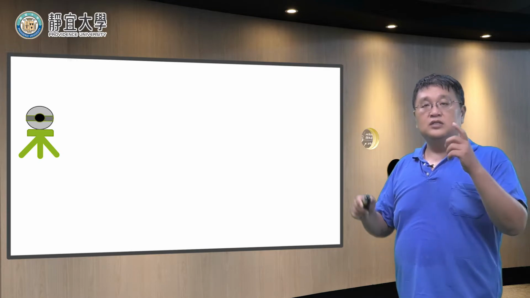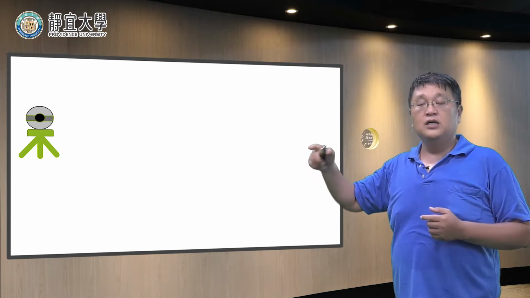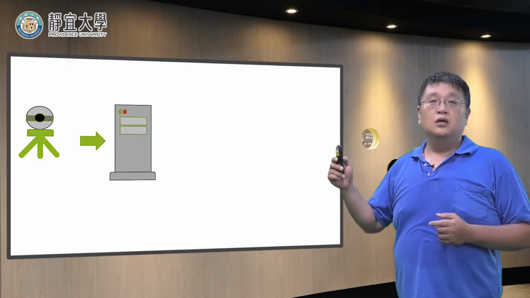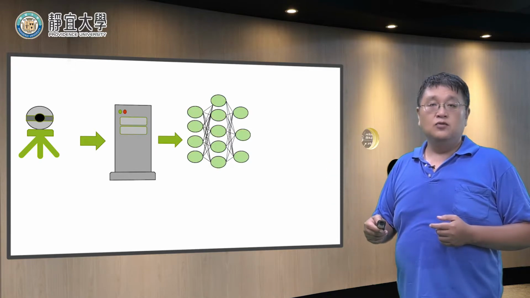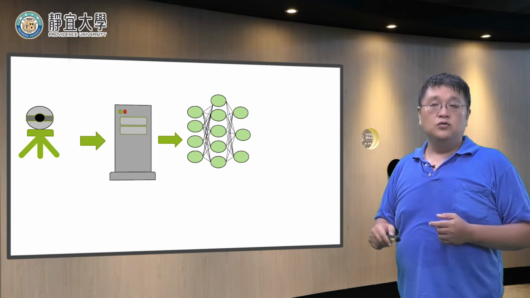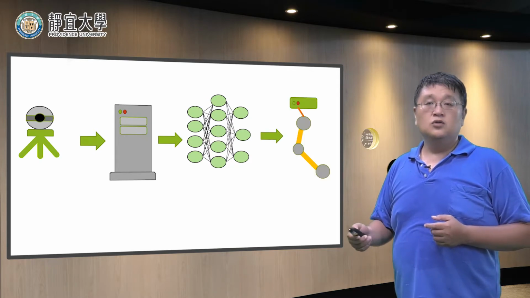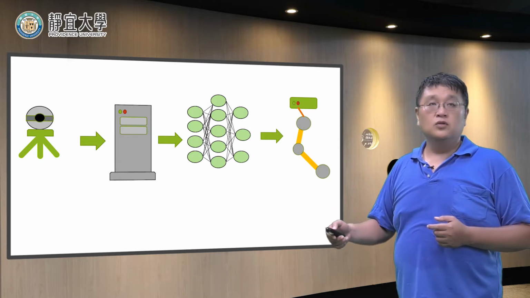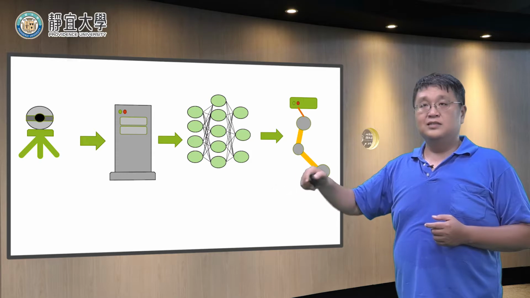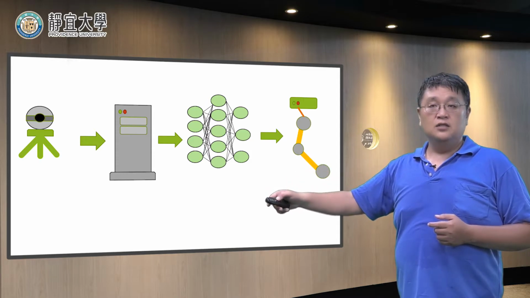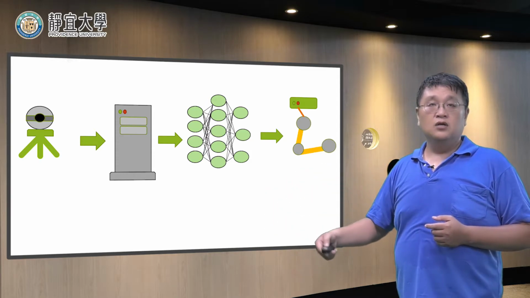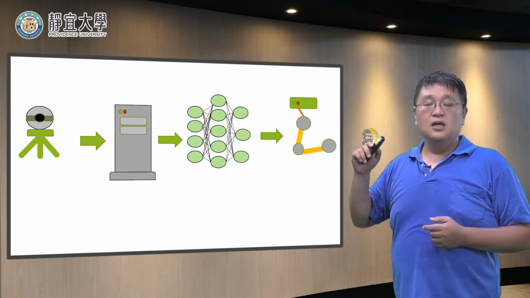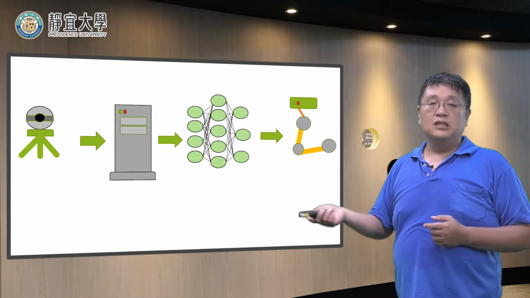You just see the camera there, and it becomes a signal to the computer, and we process it through our artificial neural network to do what we're going to do. Something like, I see the product there, and we use our robot arm to pick up that thing. So it's just the same way.